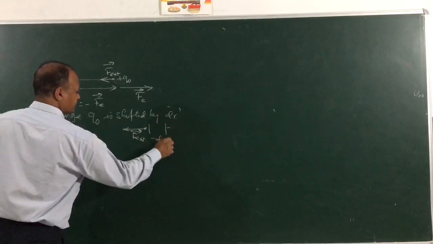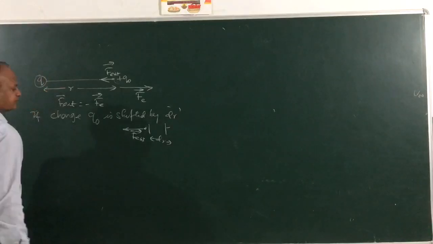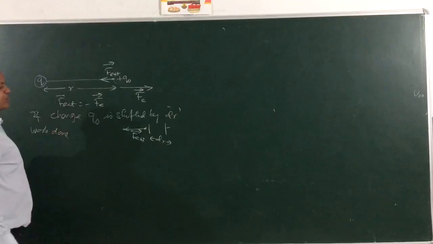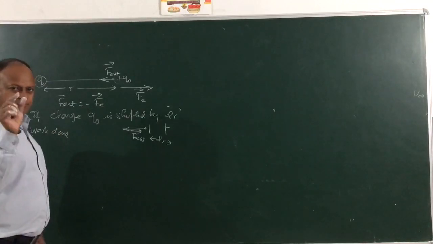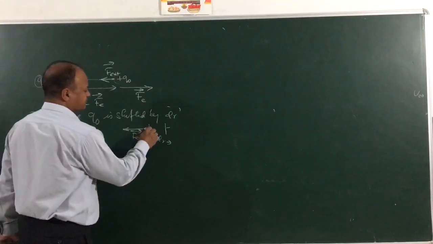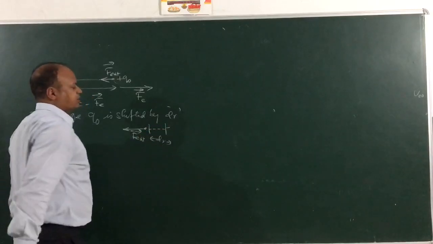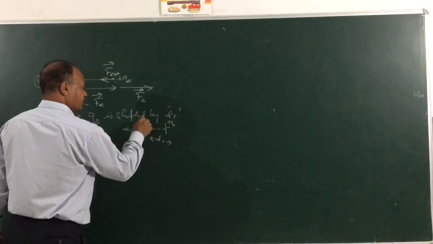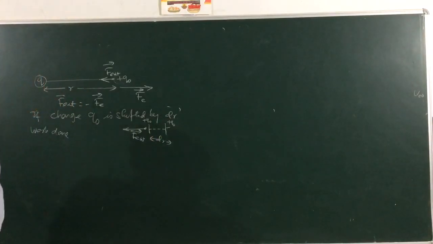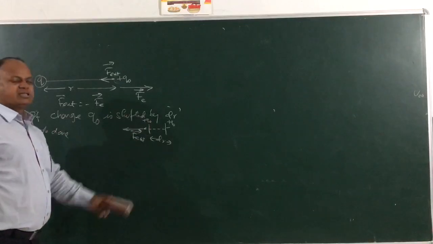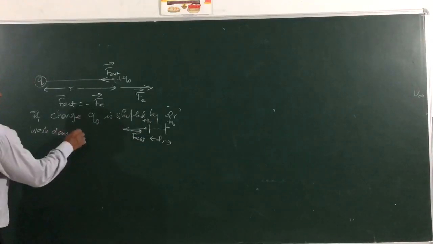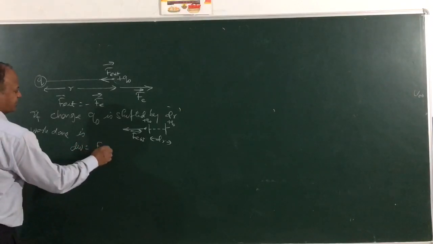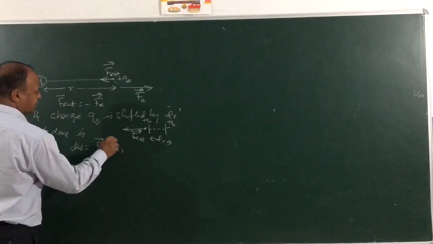The distance is how much? dr. The work done at a small displacement, only this much, will also be small. Q naught was initially out here, now it is out here. So if charge Q naught is shifted by distance dr, then work done dW is equal to how much? F external dot dr.